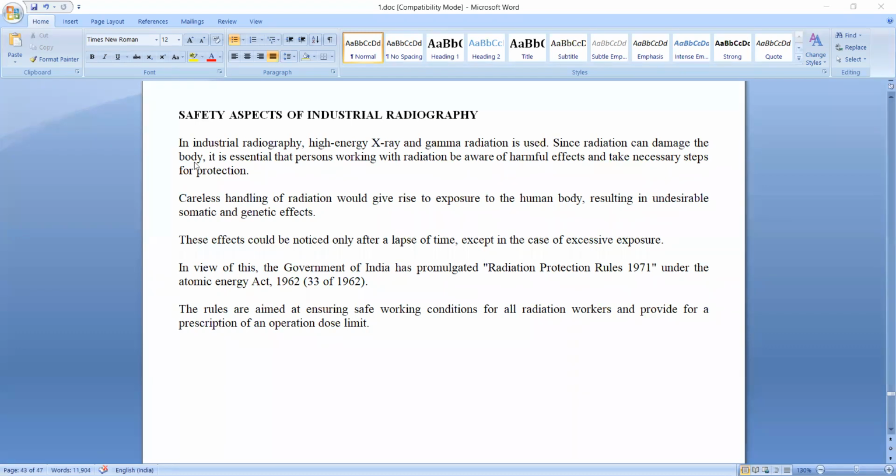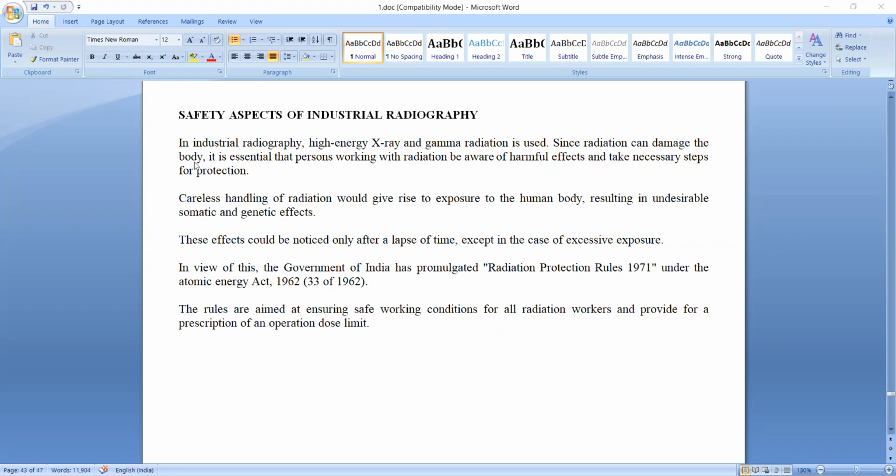Here careless handling of this radiation can give rise to exposure of the human body, automatically resulting in undesirable effects. Here we have two types of effects, somatic effects and genetic effects. Somatic effects means damage to the human body, tissues and cells, that may cause cancer-like problems.